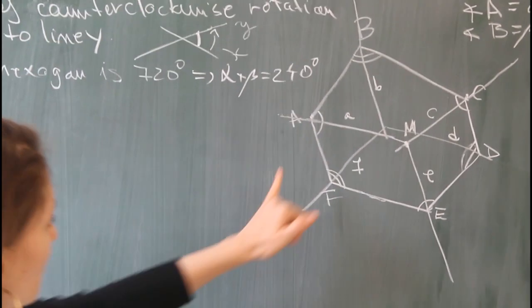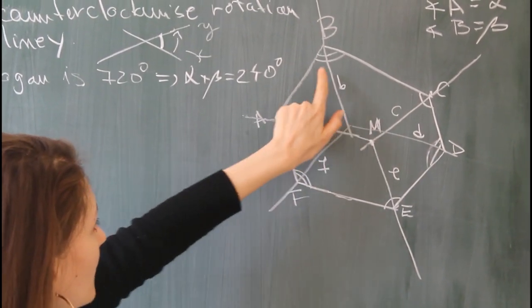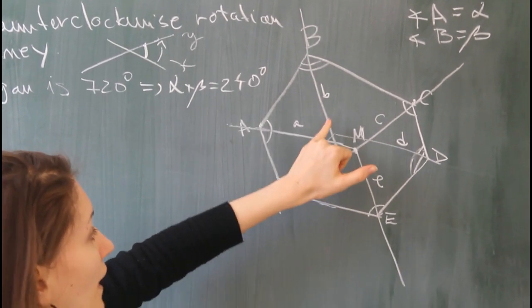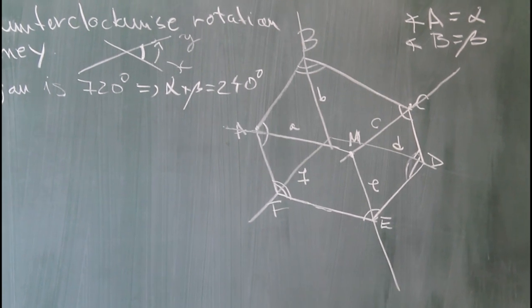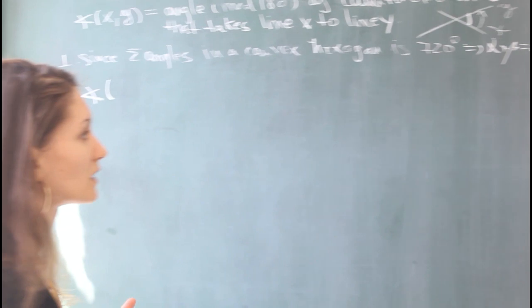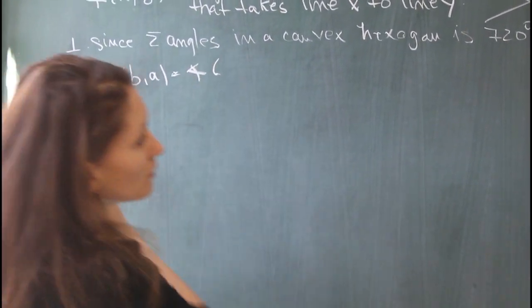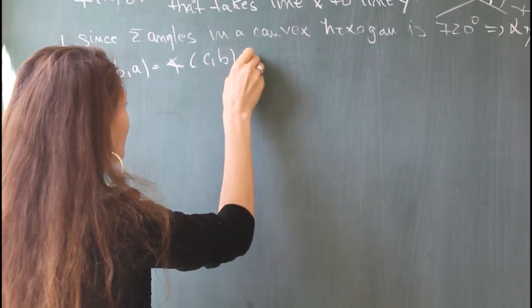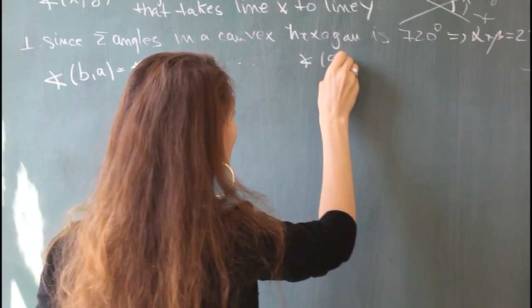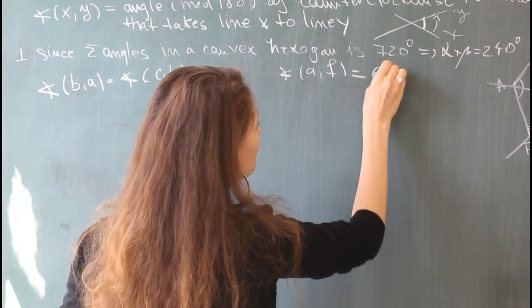In particular, if we look at these two bisectors a and b, the angles in here will add up to 120, half of this one. Therefore, the angle between them is going to be 60 degrees. So the directed angles between b and a, between c and b, and so on, equal the directed angle between a and f, and equal 60 degrees.